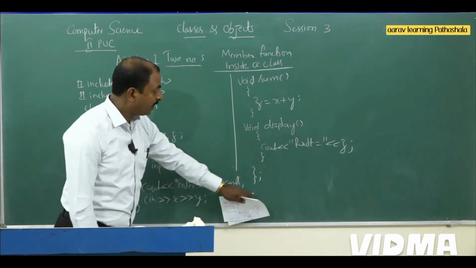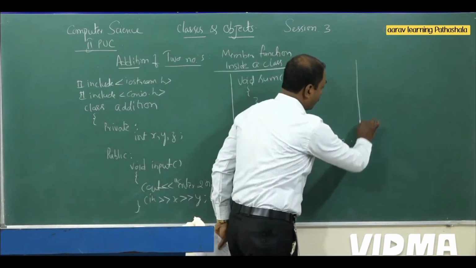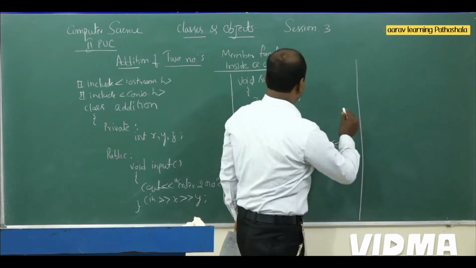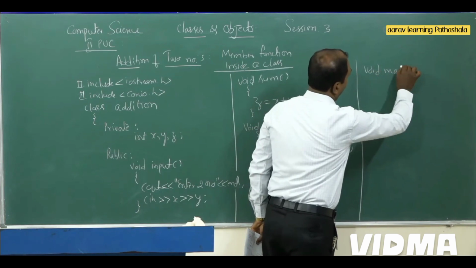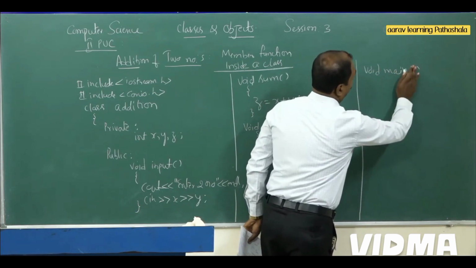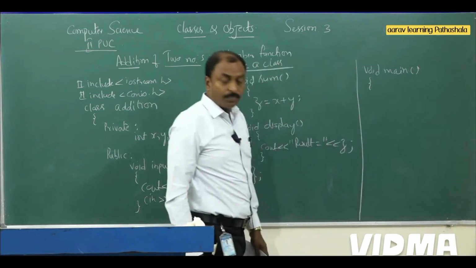Next, you already know what the next step is that we have to write here: the main function, because every C++ program must have a main function. Void main. Void main is a function, and here open this bracket.